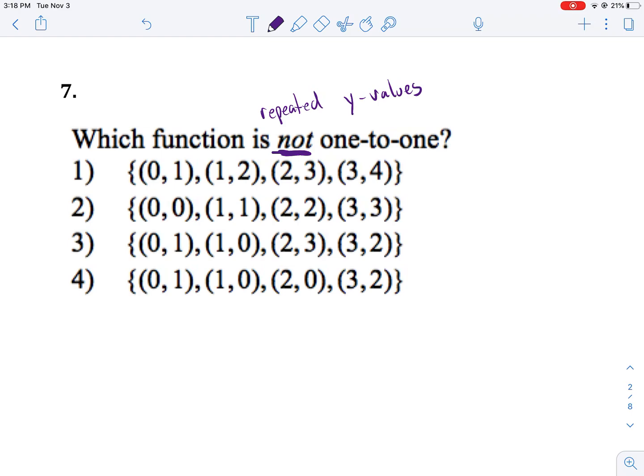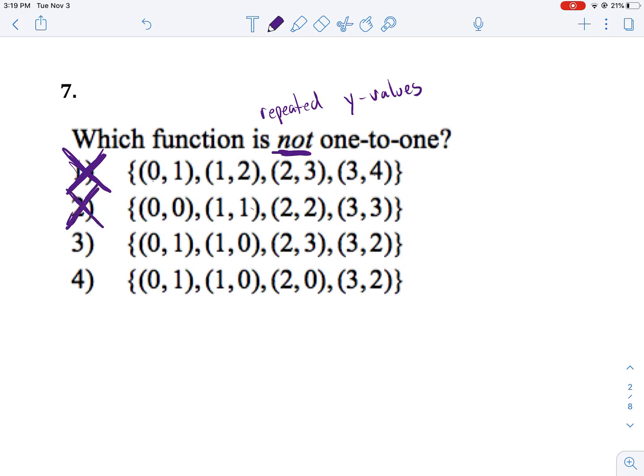So let's take a look at the first one. Okay, looks like it's a function, no repeating x's, no repeating y's, so it's not number 1. Number 2, I see no repeating x's, I see no repeating y's, and so that one's good.